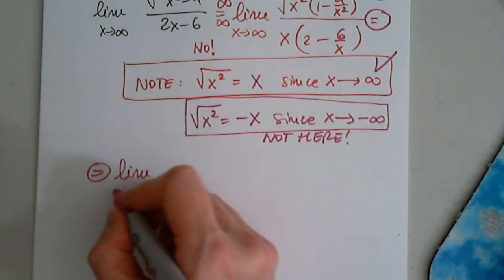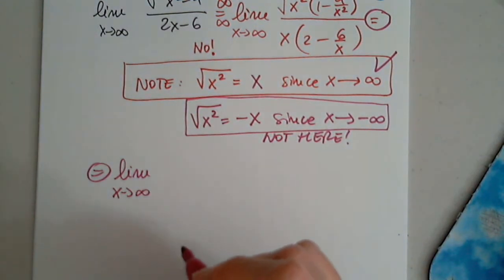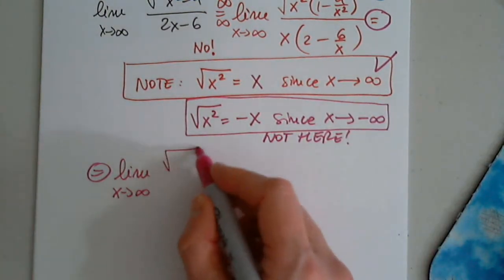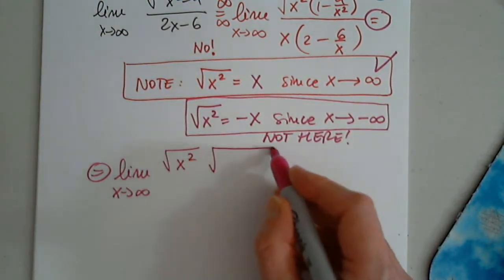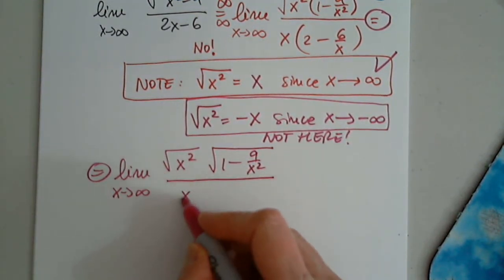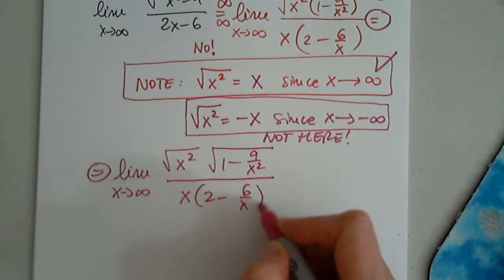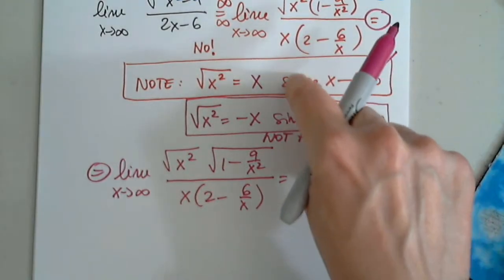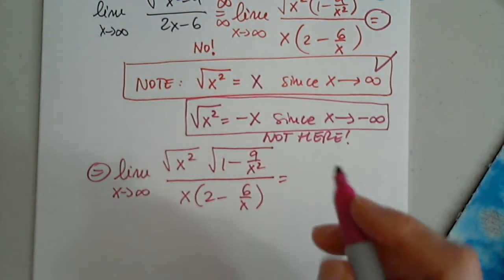So then I have limit as x approaches infinity. I have to write the square root of x squared and the square root of 1 minus 9 over x squared divided by x and 2 minus 6 over x. I wrote my note. That's why this changed into x.